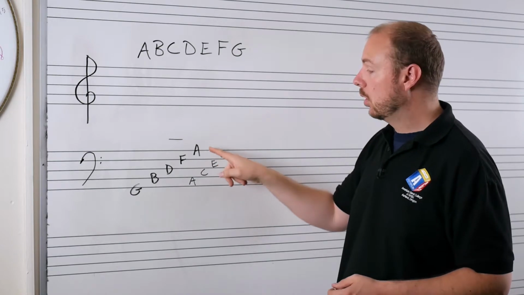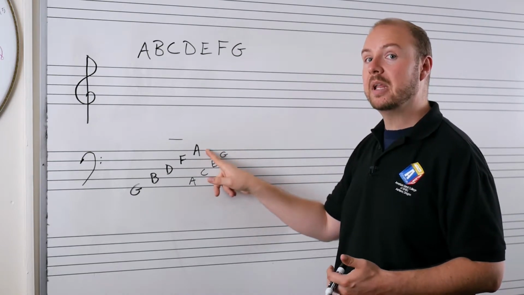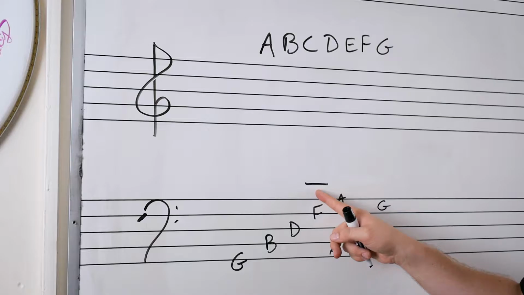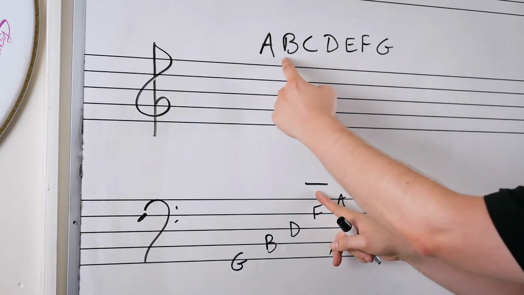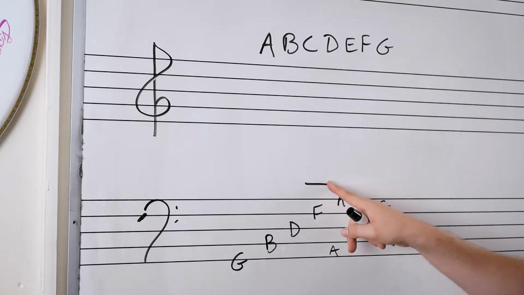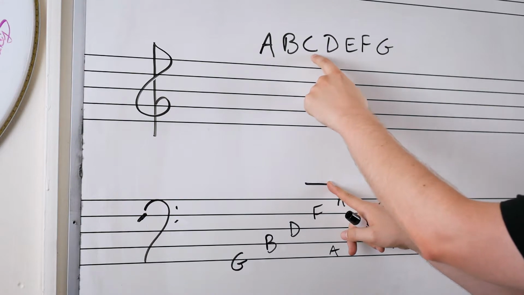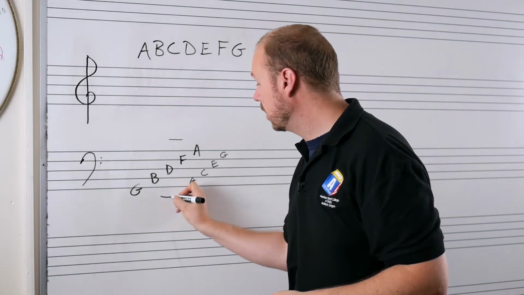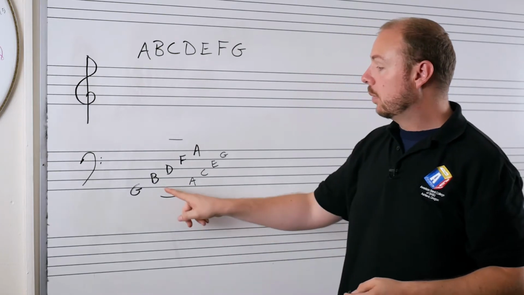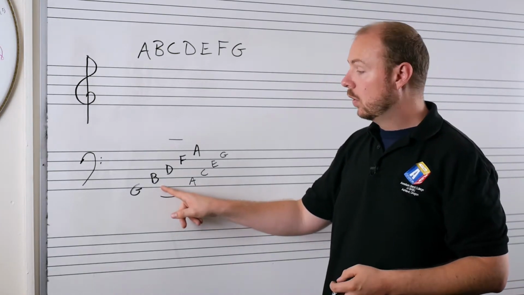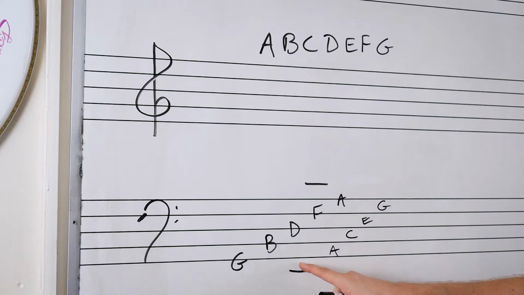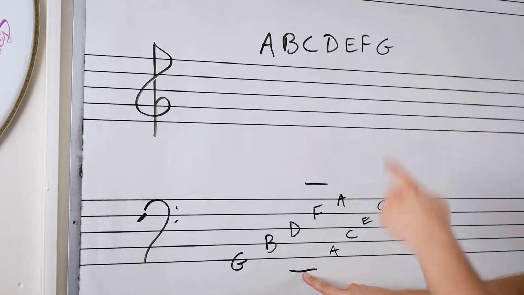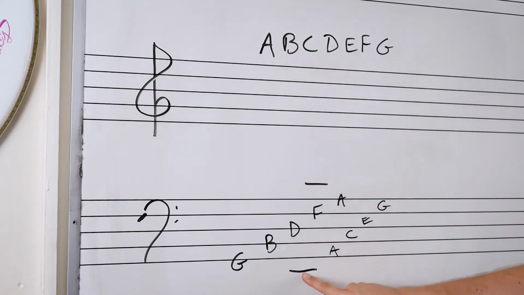For example, we ended with this top line as being A, so the next space would be B, making this next line be C. Going below, if we were to draw a ledger line, the bottom line is G, so we would go right below it. The space, moving backwards now, is F, and this line becomes E.